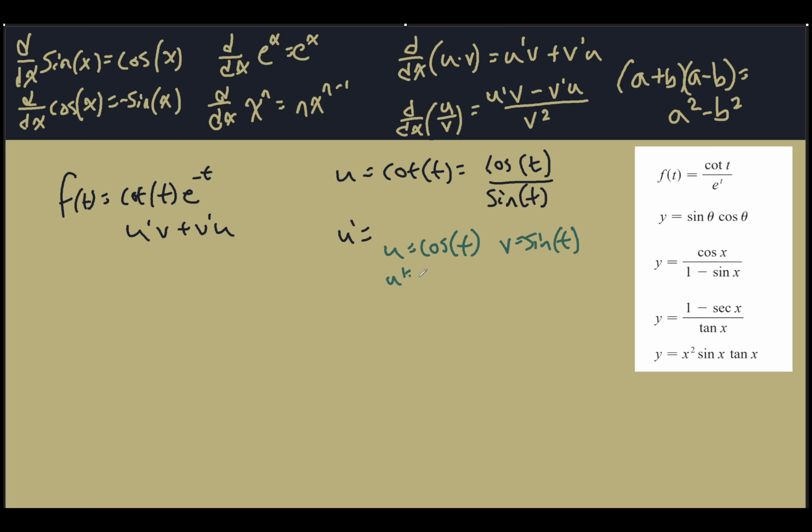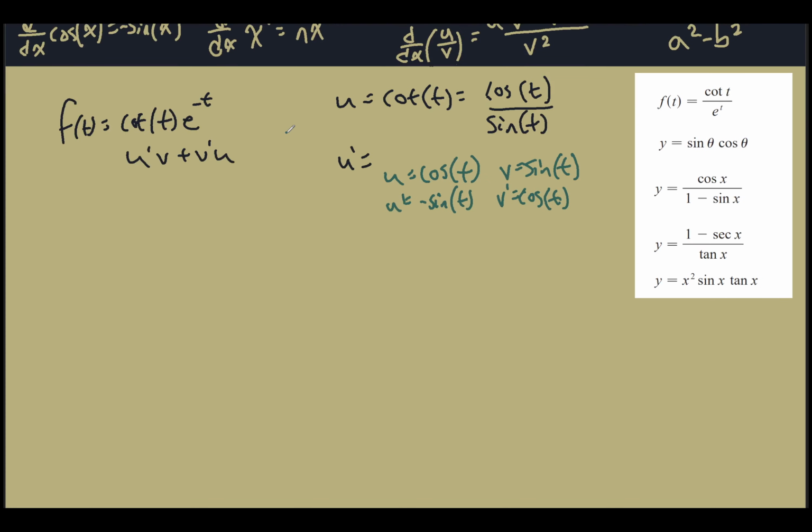And u prime is negative sine of t. Why did I scribble it out? Let's erase it, it'd be better. Negative sine of t, v prime, cosine of t. So the quotient rule says u prime v minus v prime u over v squared.